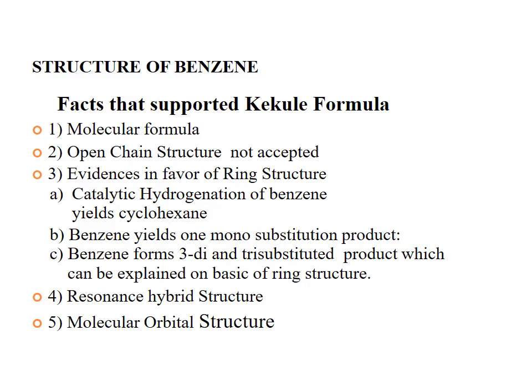The facts supporting Kekulé's formula are: molecular formula, open chain structure not accepted, and evidence in favor of ring structure, that is, catalytic hydrogenation of benzene yields cyclohexane, benzene yields only one monosubstitution product, and benzene forms di- and tri-substituted products, which can be explained on the basis of the ring structure and resonance hybrid structure.